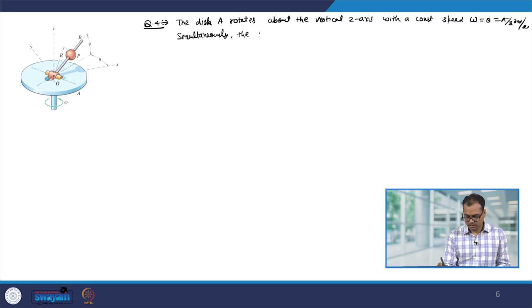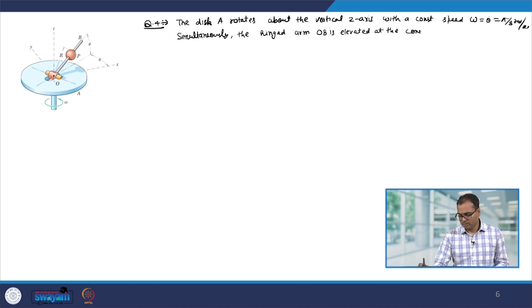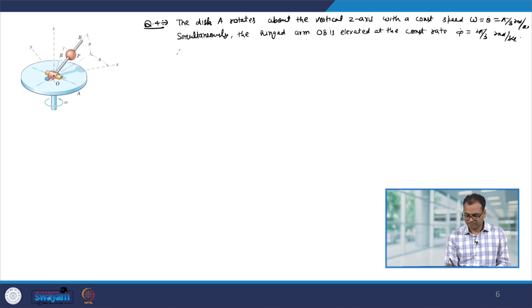Simultaneously, the hinged arm OB is elevated at the constant rate phi dot equal to 2 pi by 3 radian per second.